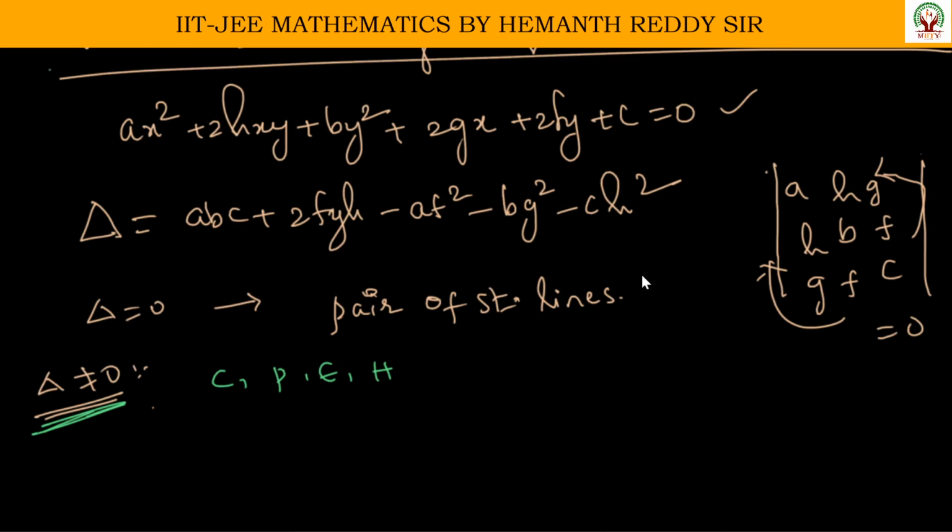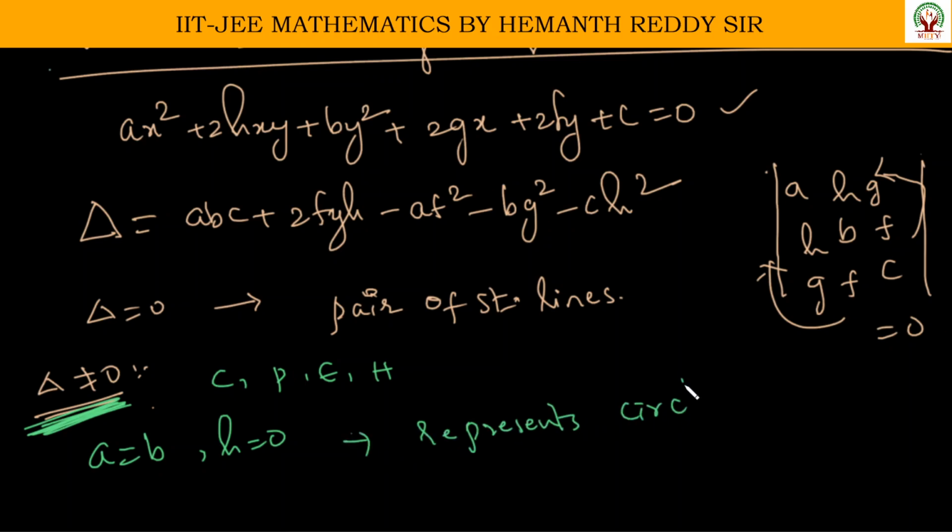You have learned so many circle equations. For a circle, A is equal to B and h is equal to 0. The coefficients of x square and y square are the same, the coefficient of xy is 0, and delta not equal to 0 is common for everything. Then the second degree equation represents a circle.